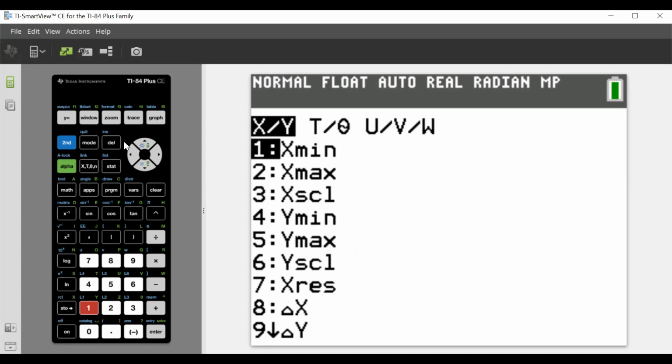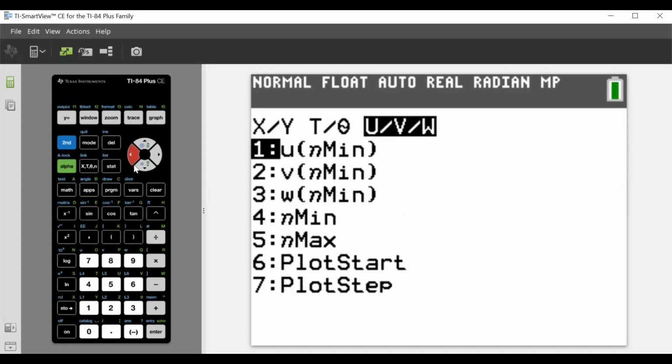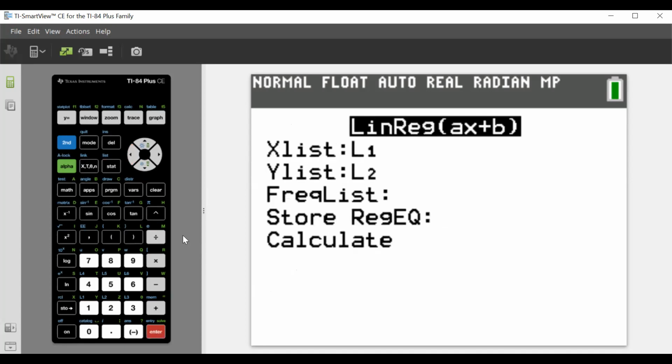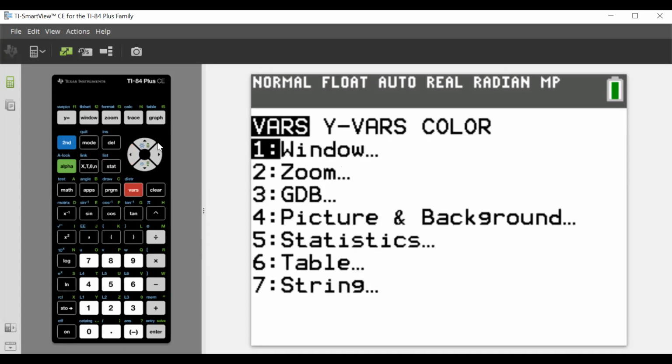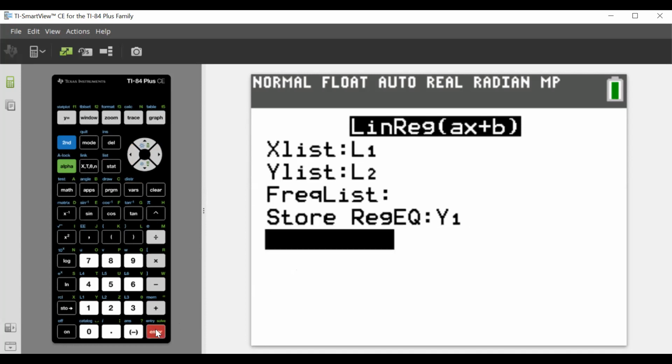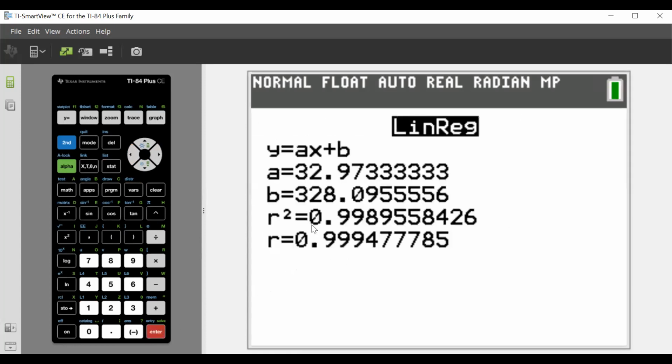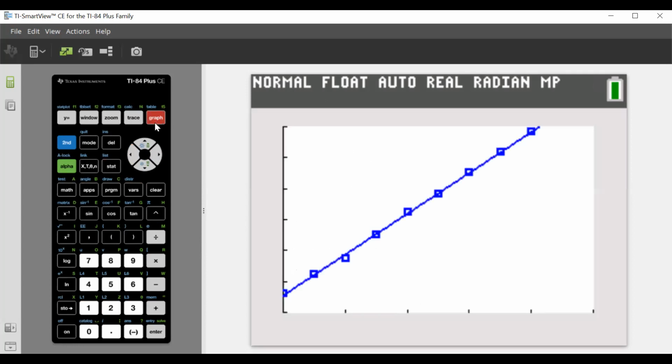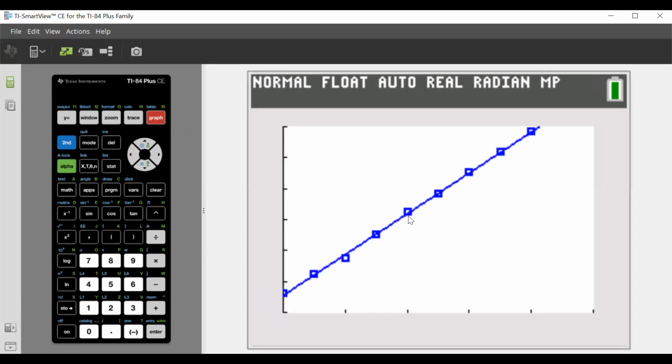Oops. Okay, well, now let's say Vars 1. So now we can do that. 0.999, that's pretty good. It's going through all the points pretty close except for that one.